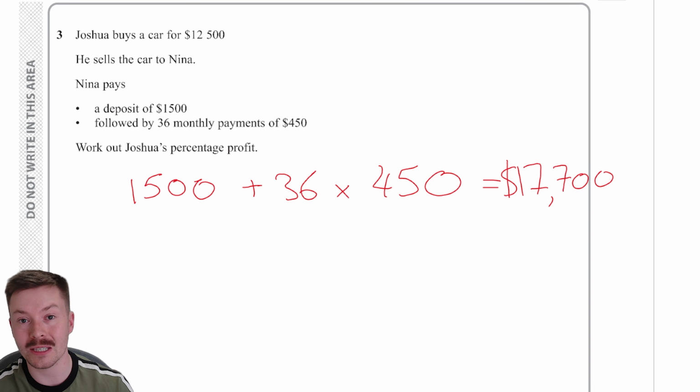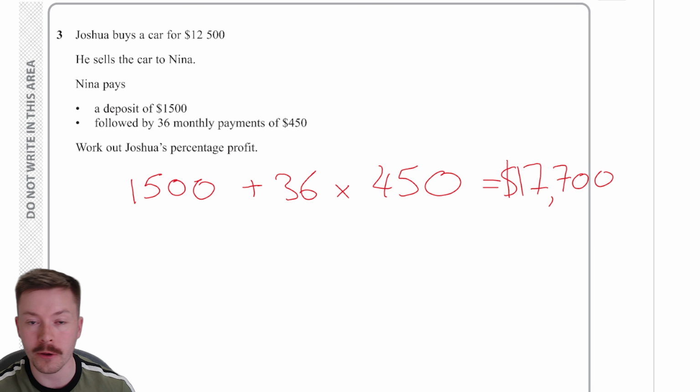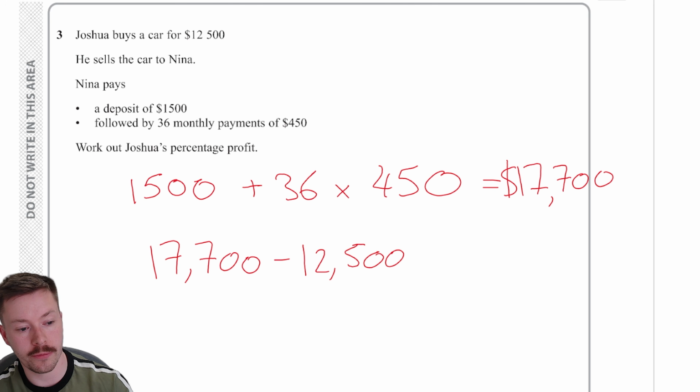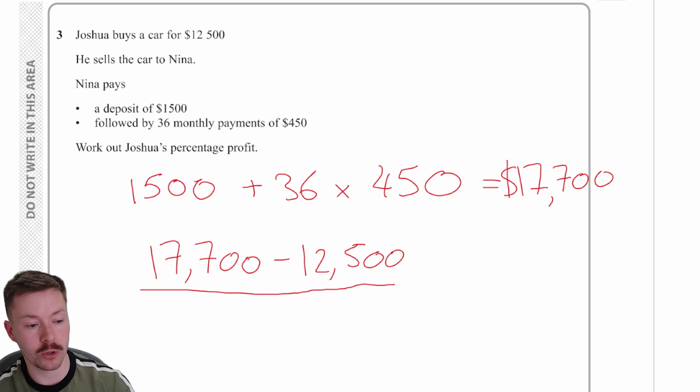Now we need to work out Joshua's percentage profit. To work out percentage change or percentage profit or percentage decrease, what you do is you take your new amount, 17,700, you subtract the original amount, 12,500, and divide by the original. So you're working out your change on the top, the numerator is the change, over the original, 12,500.